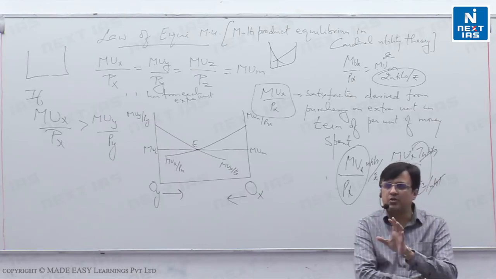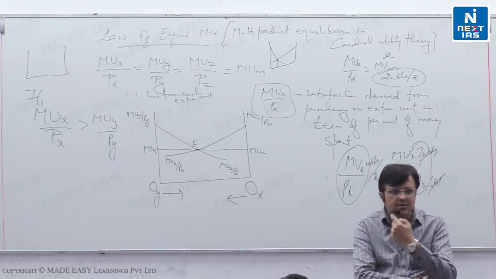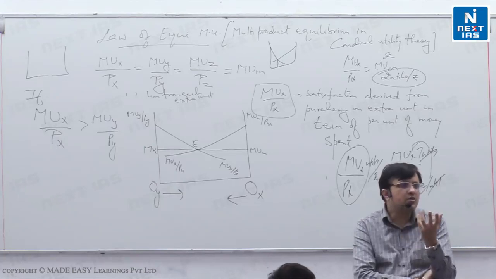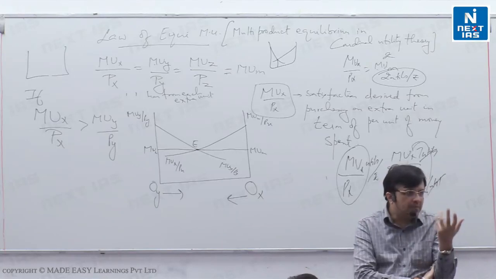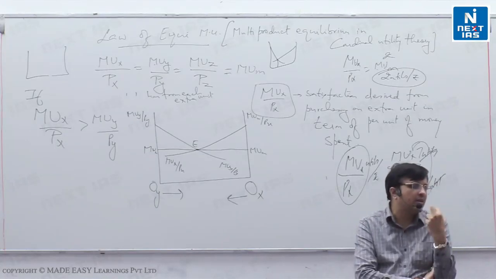I hope it makes sense to you. MUM is what you lose by paying that extra rupee. Lose as in, since you are paying money, you lose utility; if you were receiving money, you would be gaining utility.